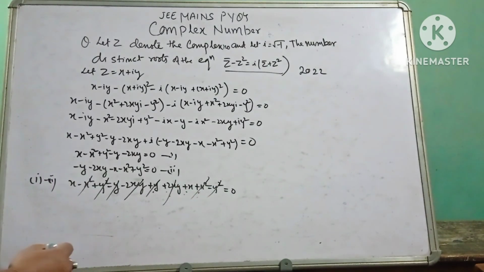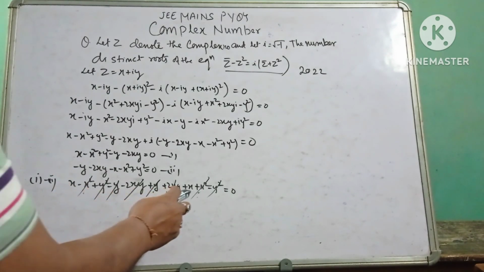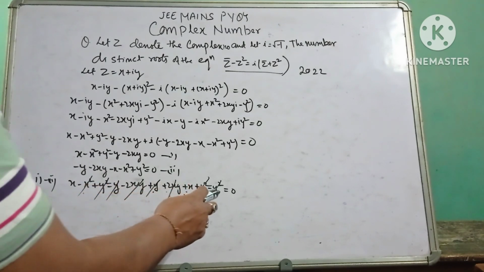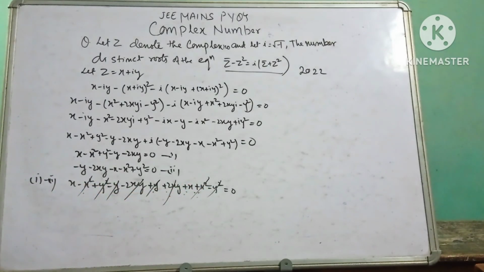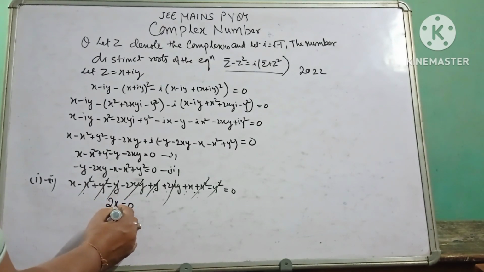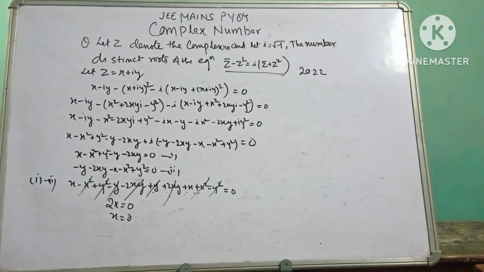So here this cancels out, again your y square cancels out, so the only thing remaining here is 2x equal to 0, that means x is equal to 0. You are getting here x is equal to 0.